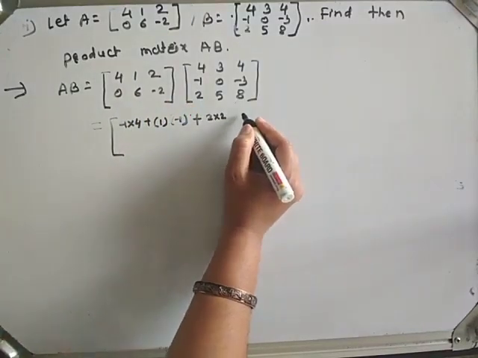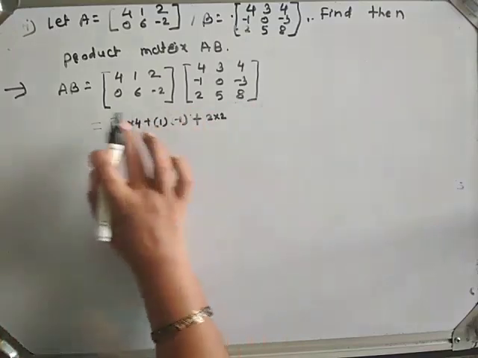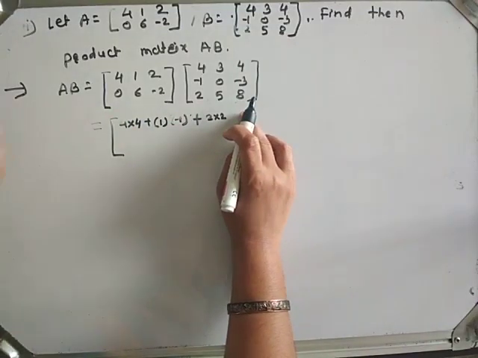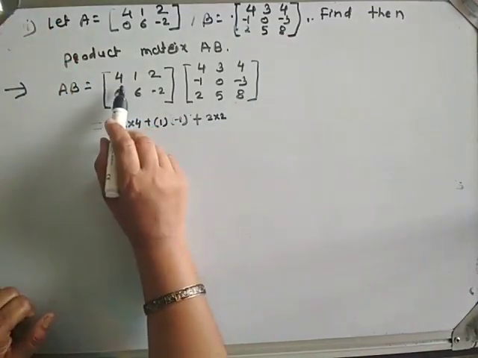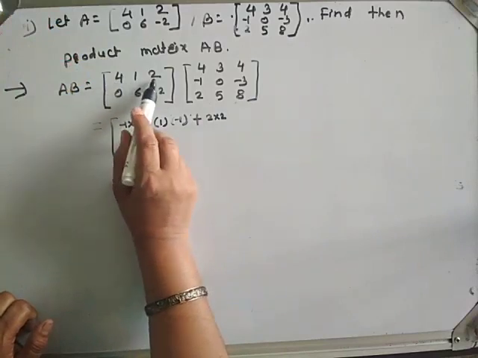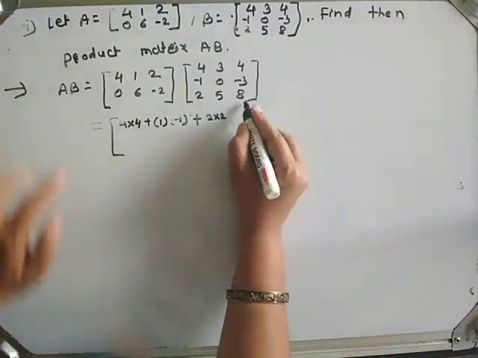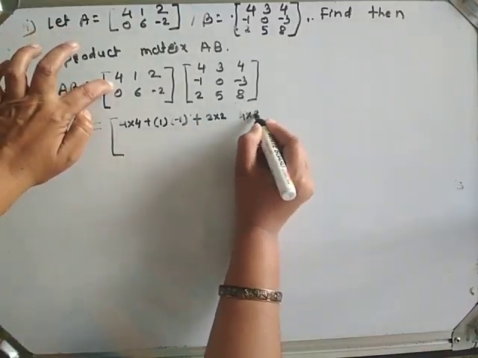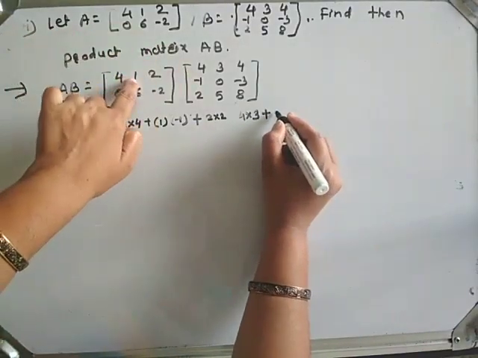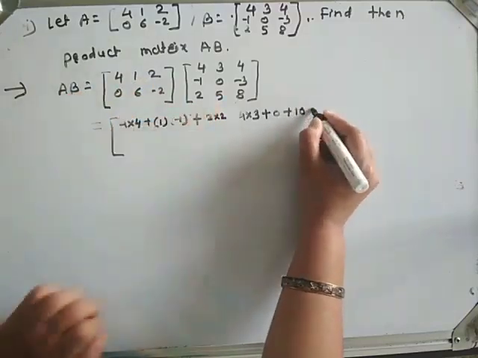For the second entry, the 1/2 entry of product AB is nothing but the product of corresponding entries in the first row of A and second column of B. That is 4 into 3 plus 1 into 0, 0 plus 2 into 5, 10.